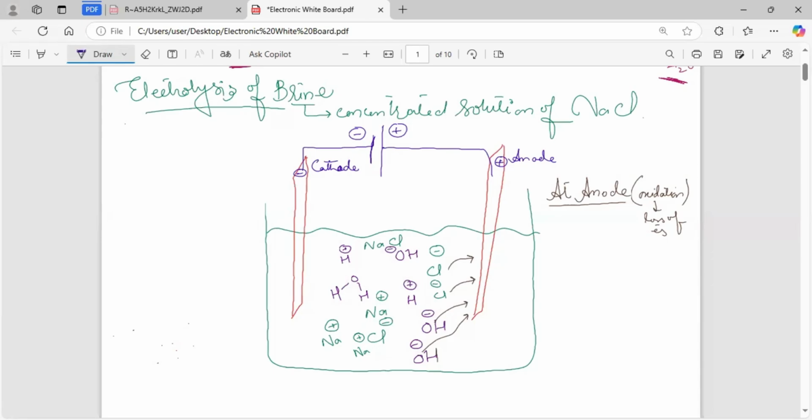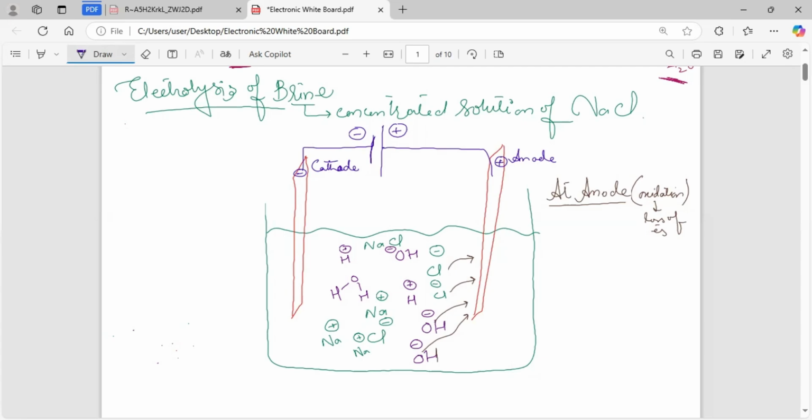Why? We will discuss that later in our next classes. Just for the time being, for this lecture, remember that the Cl negative ion will win the comparison and will oxidize itself. The OH negative ions, the hydroxide ions, will be attracted towards the anode, but they will not be oxidized there.